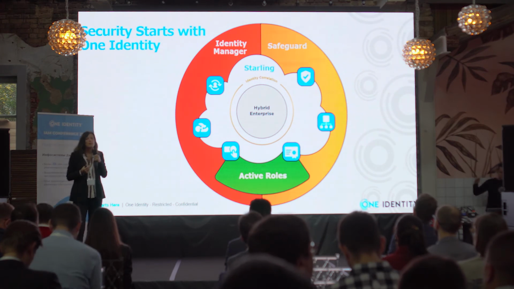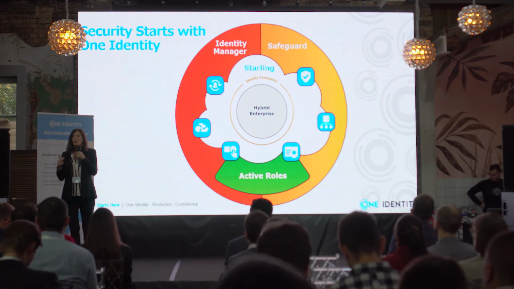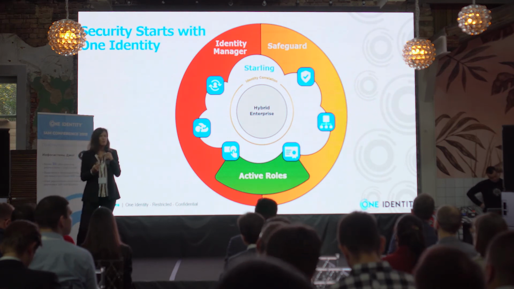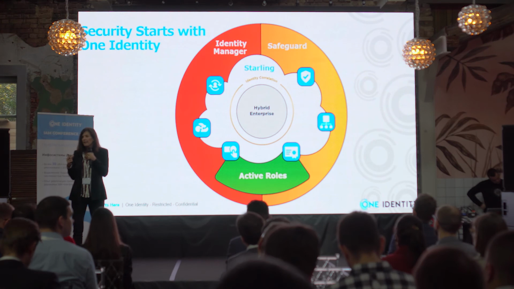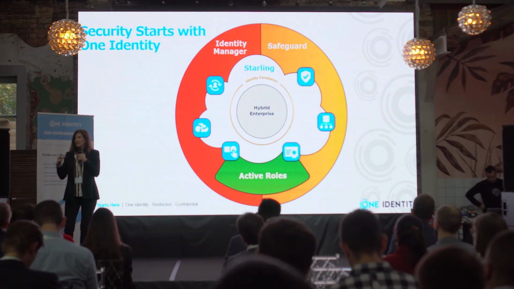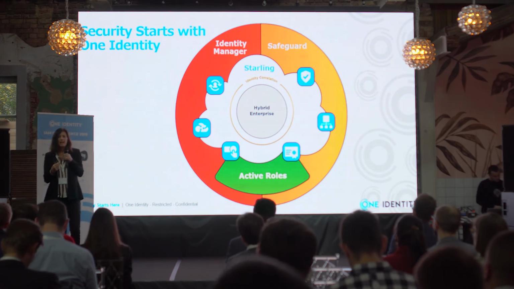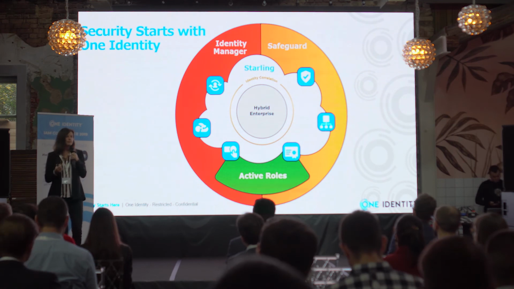And also for the privileged, how we're able to monitor and control what is happening in your accounts. What are these admins doing in there? And how can you prove that the right person actually has the access and that there are no orphan accounts or something bad happening within your system?